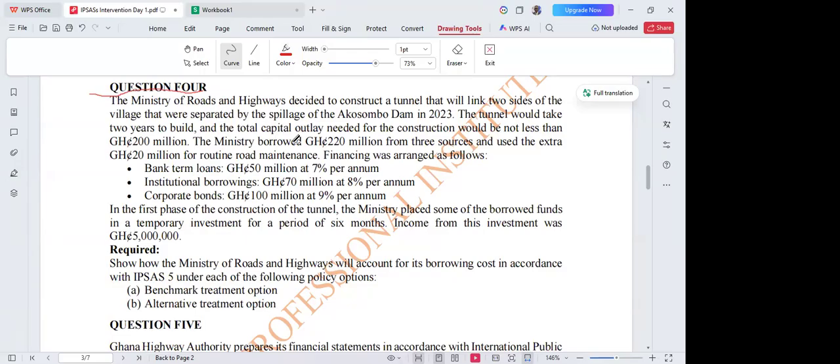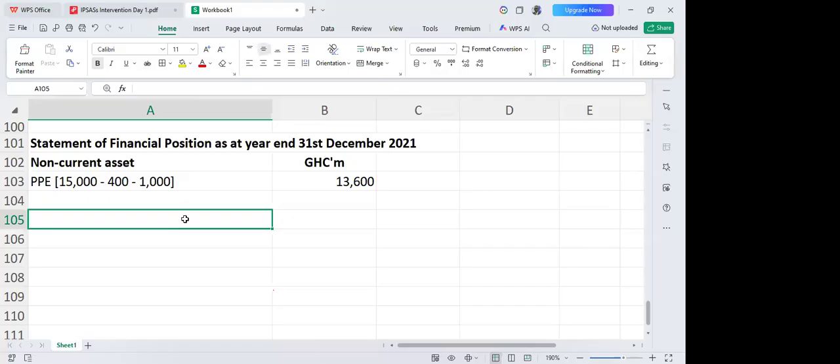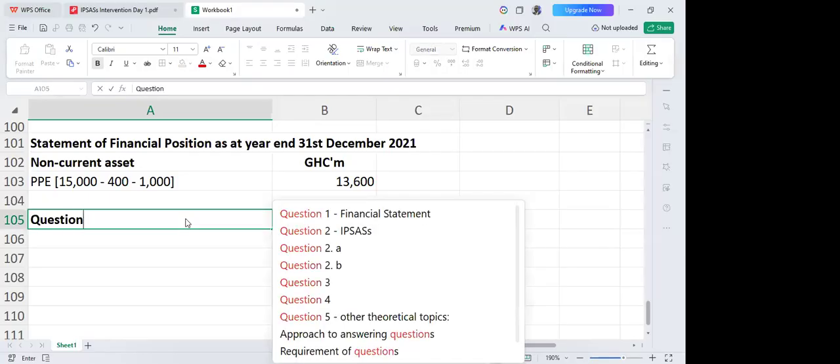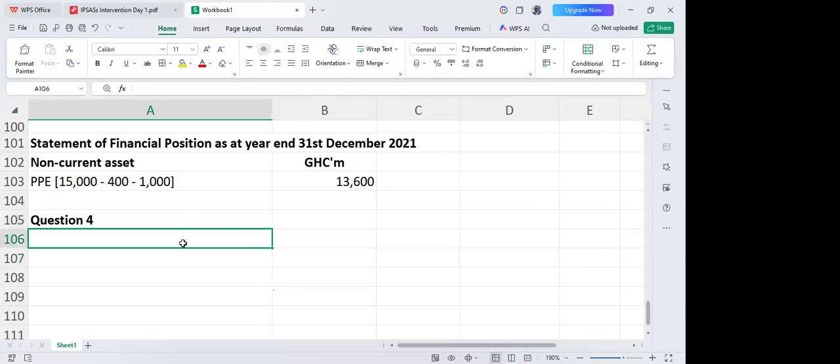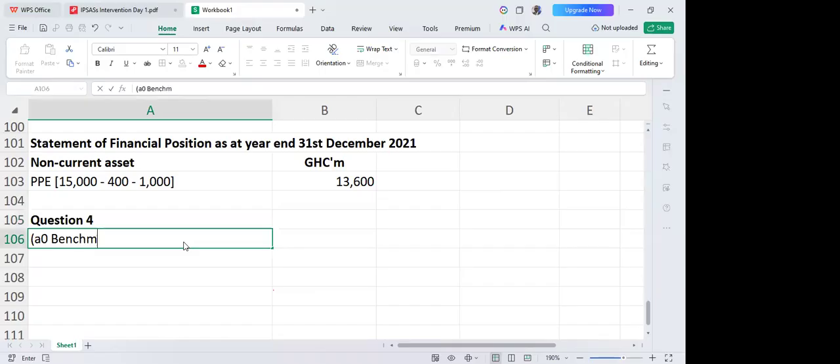Once you use the benchmark treatment approach, you expense the whole borrowing cost. So let's start with A, question 4. Let's look for the borrowing costs in each case, and then we expense all of them. So we are doing A, which is the benchmark approach.